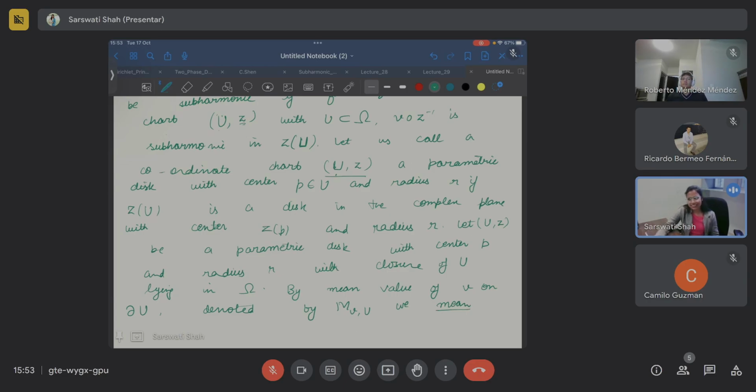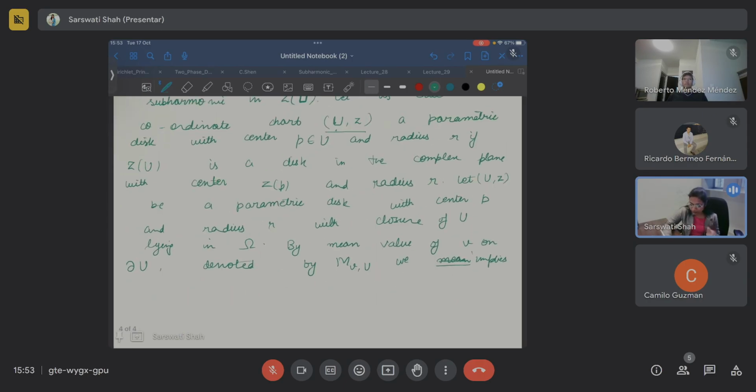This is like the mean, and it has been used a lot of times. It equals 1 over 2 pi, the integral from 0 to 2 pi of v applied to z inverse of z of P plus R e to the power i t, dt.